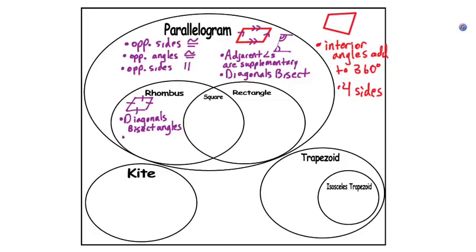The diagonals will also be perpendicular, and I'm using this shorthand for perpendicular. And then additionally, we have our 4 congruent sides.